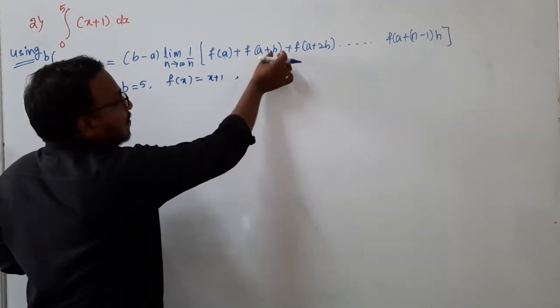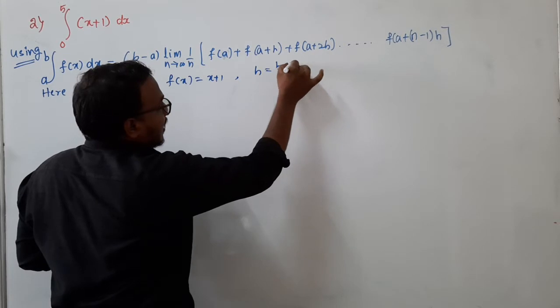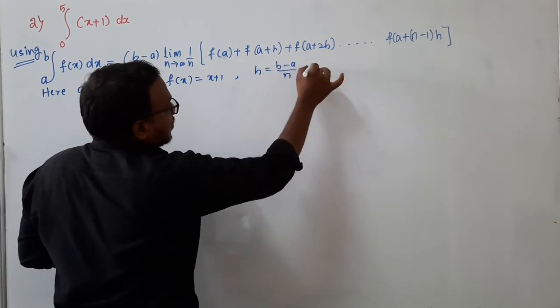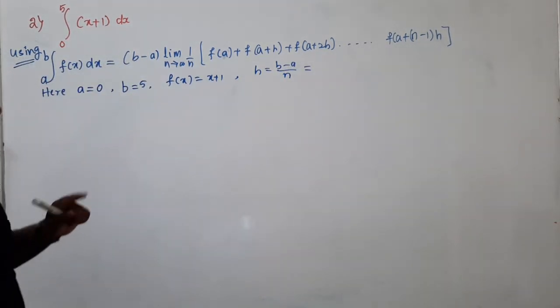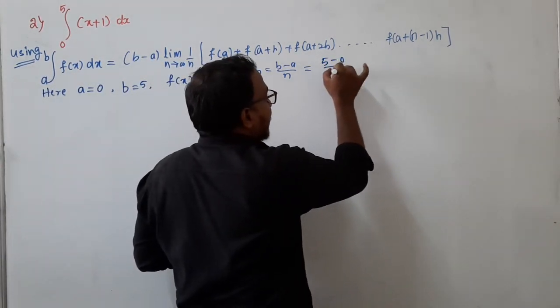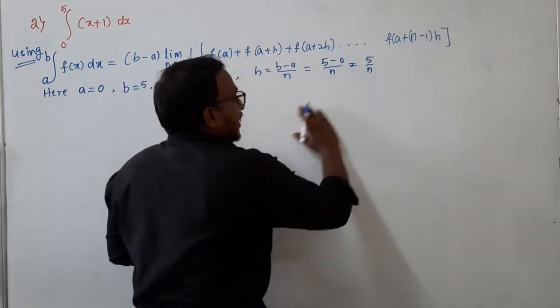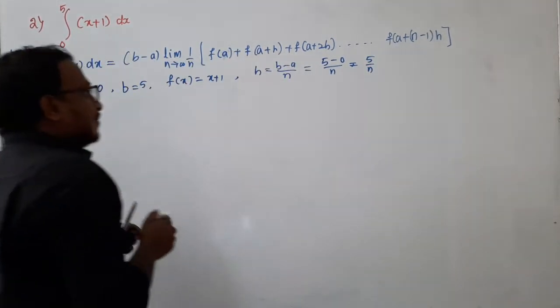Then we also want the h value. h means b minus a divided by n. Substituting the b and a values, it is 5 minus 0 by n, which is equal to 5 by n. Here the h value is 5 by n.